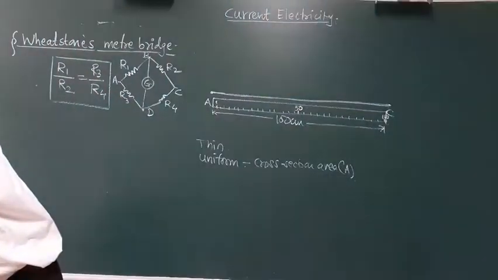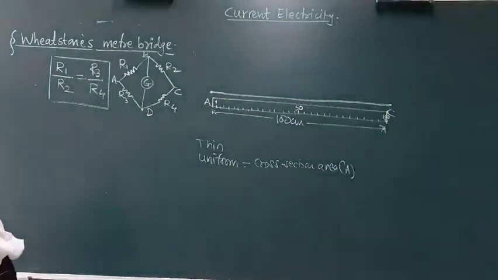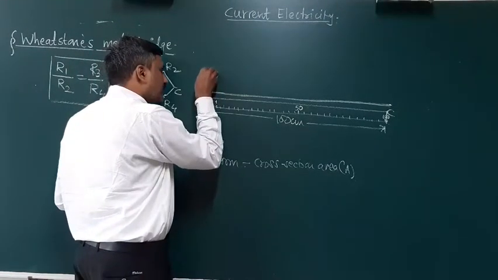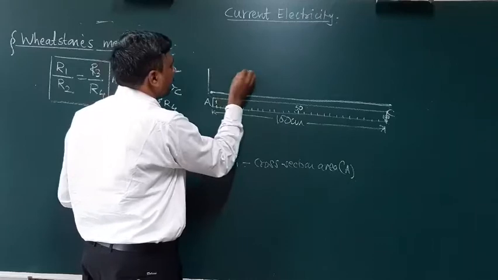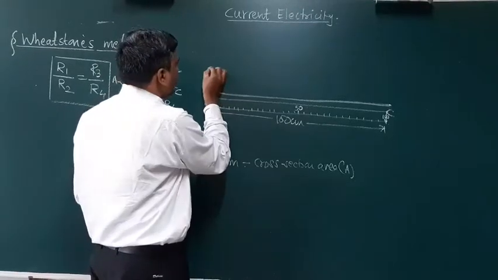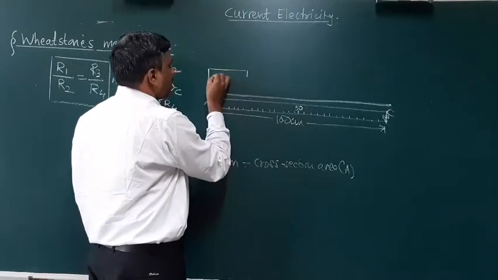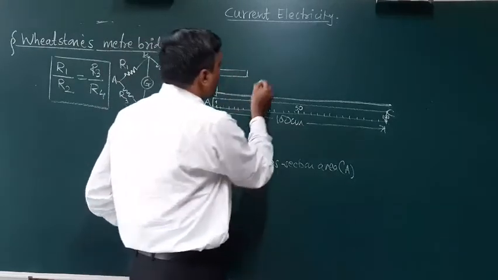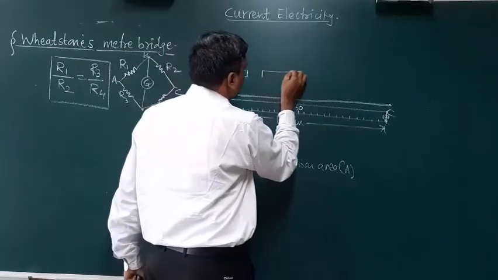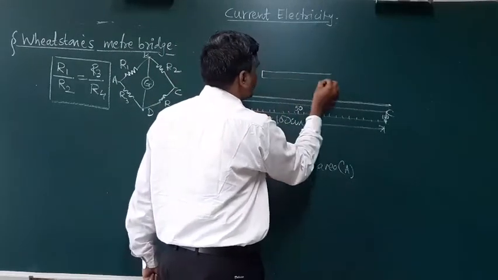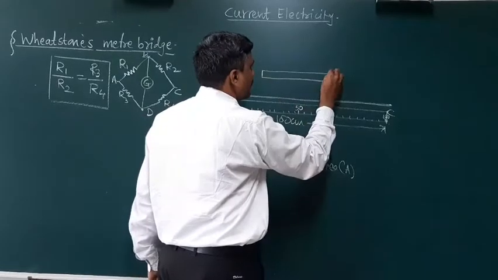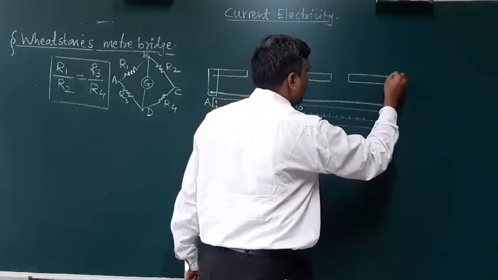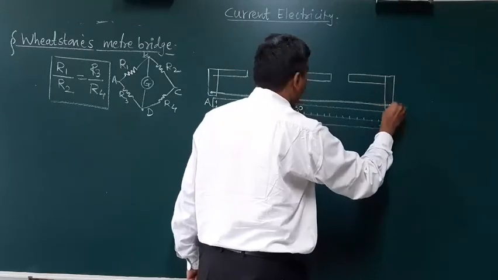The 3 metal strips are fixed on the wooden platform. This is the first metal strip, this is the second metal strip, and this is the third metal strip.